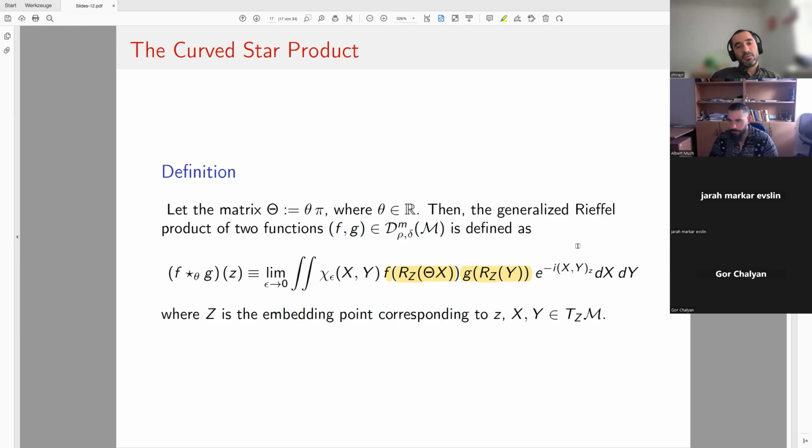Right. And then you have the usual Rieffel quantization on Rn. Then you use the pullback to quantize functions on the manifold. Exactly. Yes.